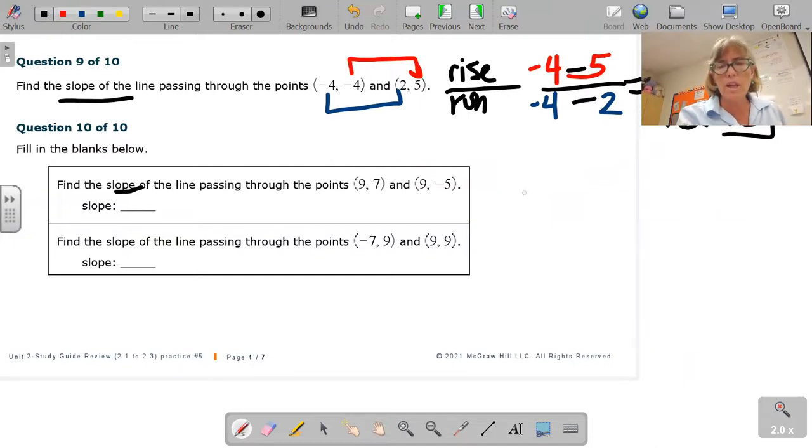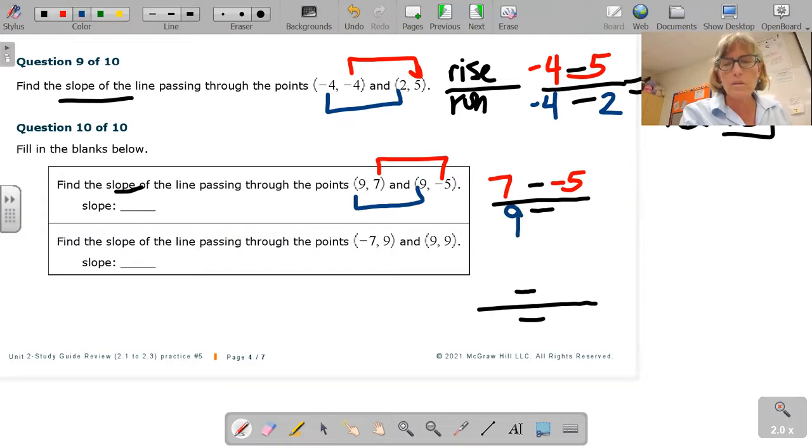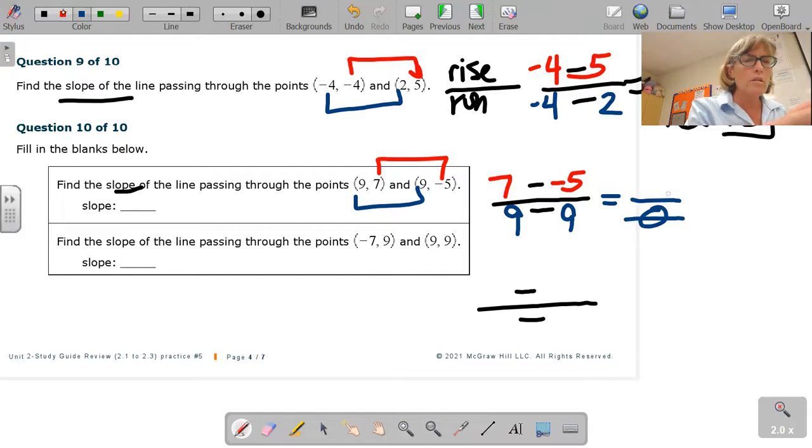We're dealing with slope again. Y minus Y over X minus X. Right off the bat, I know I have a 0 in the denominator. Let me keep my color straight. I'm using red for Y's. 9 and 9.